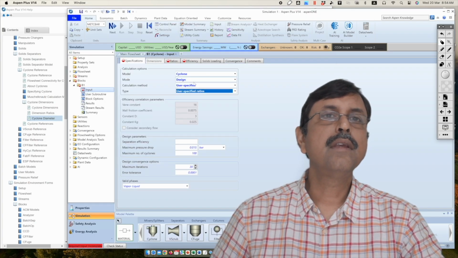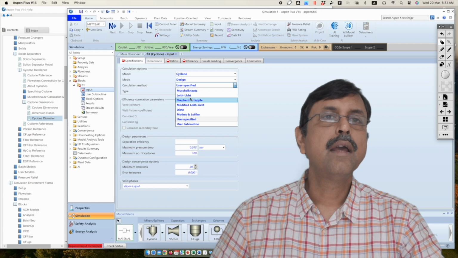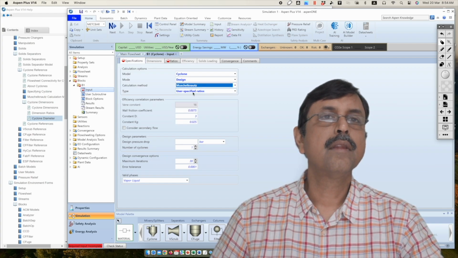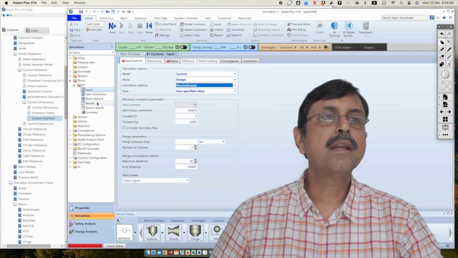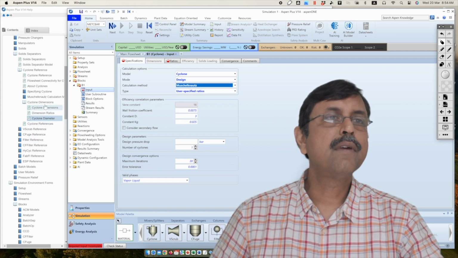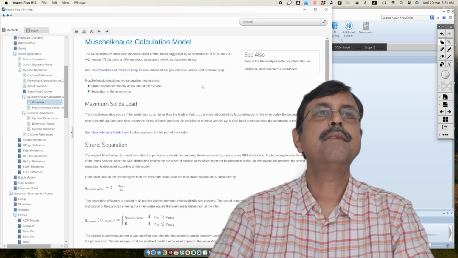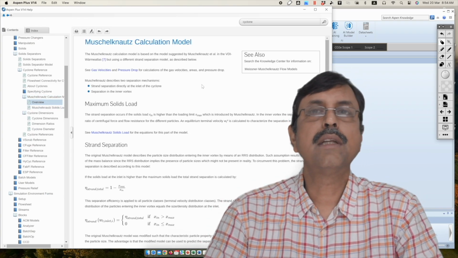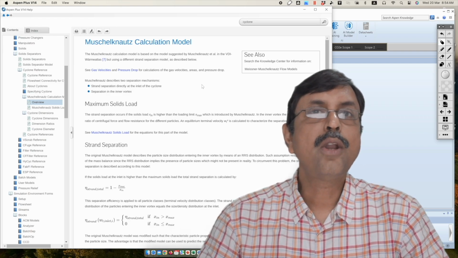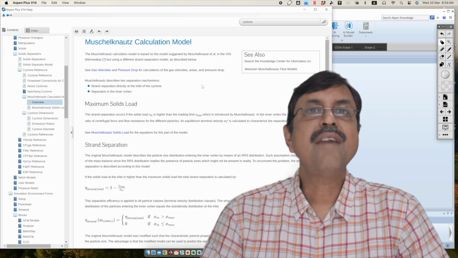For instance, if we use the calculation method as Muschel-Knauss model. Okay, so what is Muschel-Knauss model? You can see over here, Muschel-Knauss calculation method. This is the Muschel-Knauss calculation model. So here we are not having any efficiency curve.